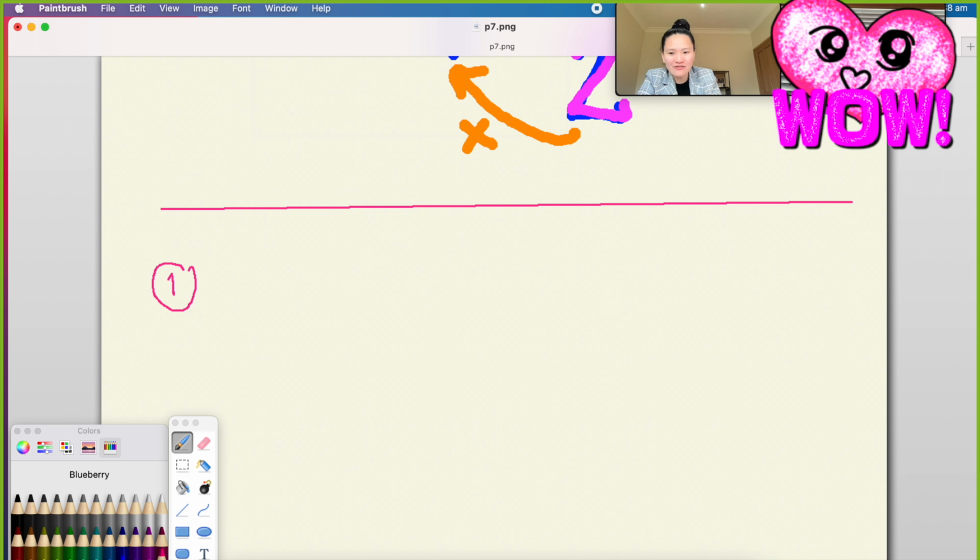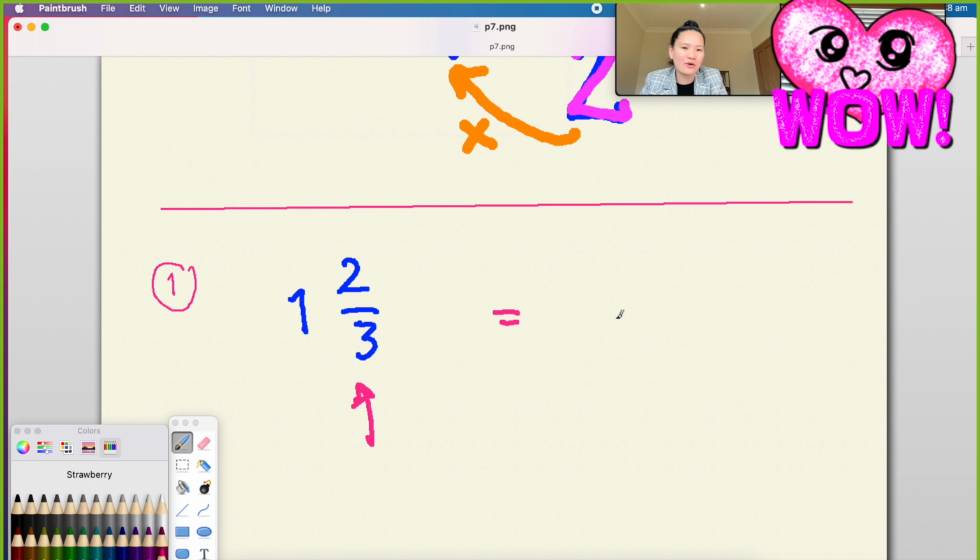If we have, okay, now I have 1 and 2 over 3. What I'm going to do is, I know that 3 has to be the same. The denominator is always the same. I write down 3 here first. I put 3 here because I know that it needs to be the same.